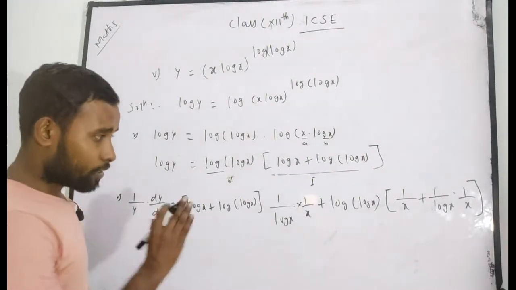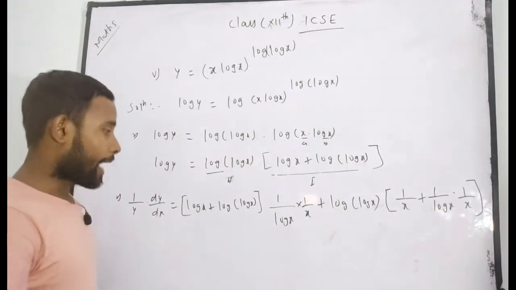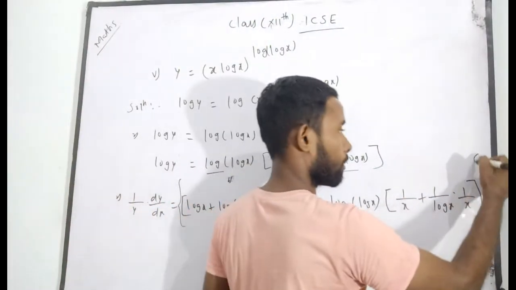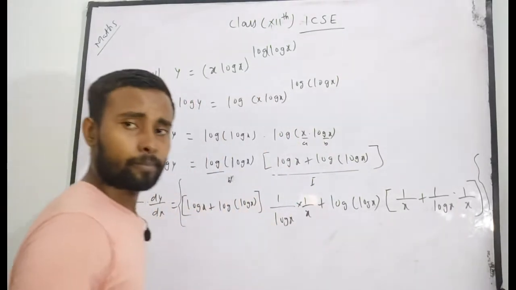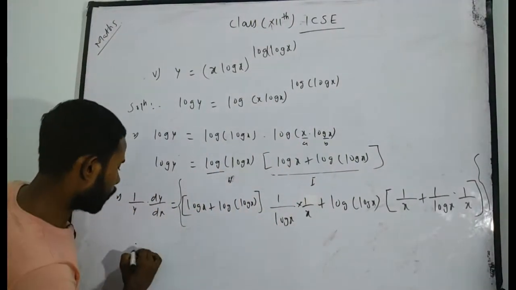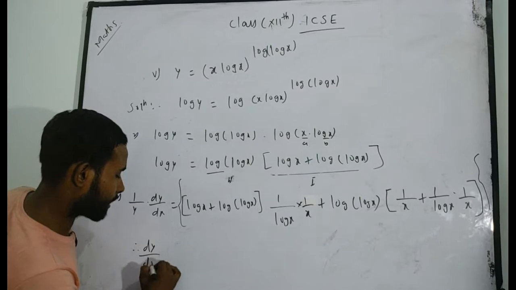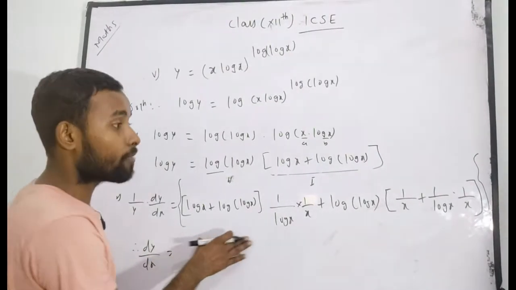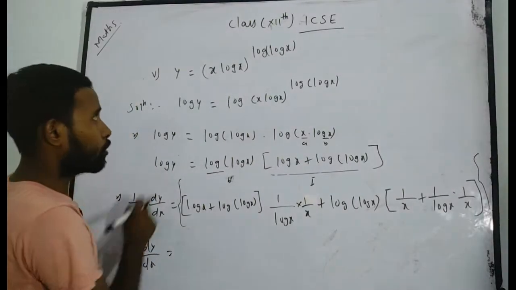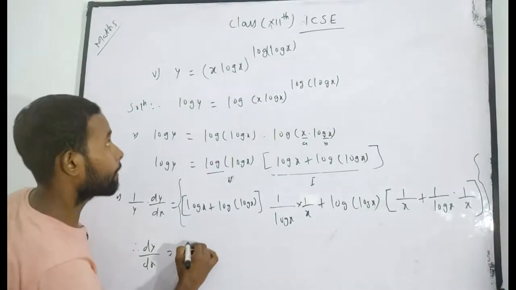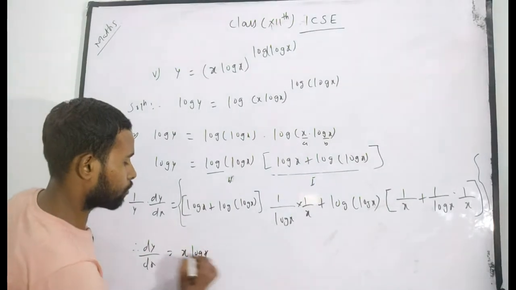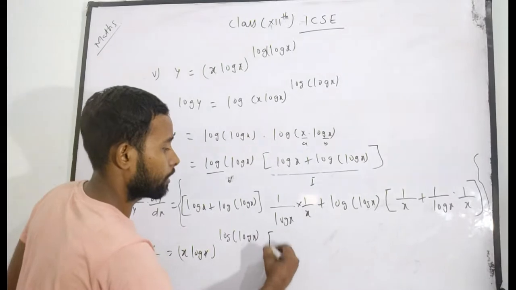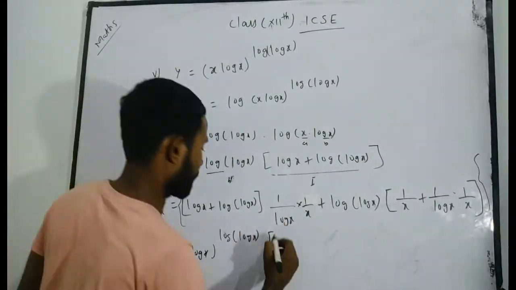Now you can leave here and simply use a very big bracket. Have you understood? Now you can write dy/dx is equal to y in the numerator as a multiplication of the whole RHS, and y is equal to what? x to the power x into log x, so whole to the power log x, into, you have to write the whole expression.